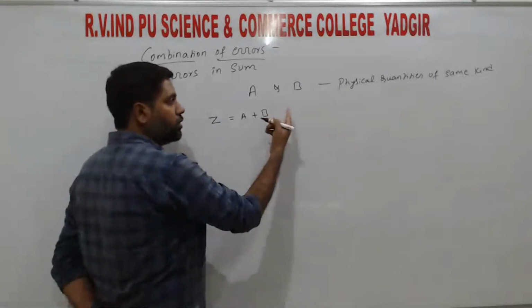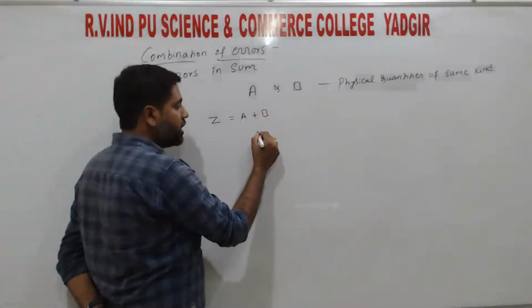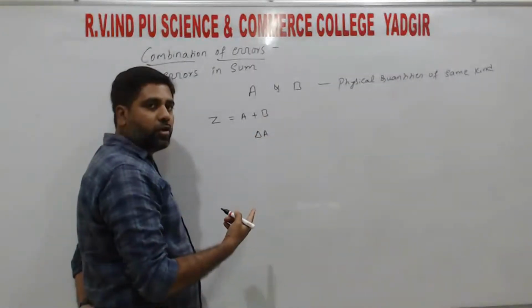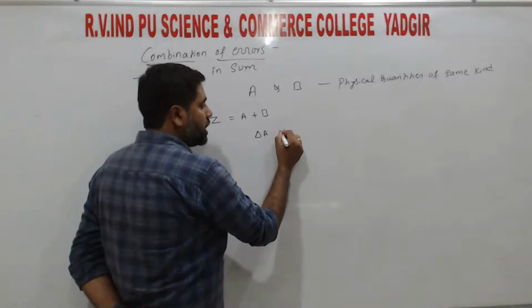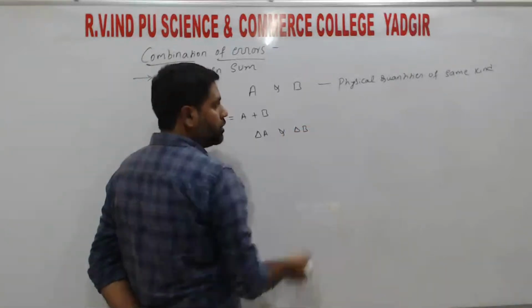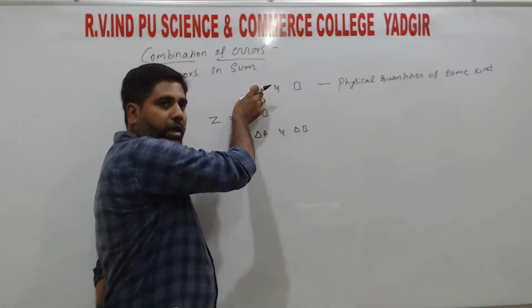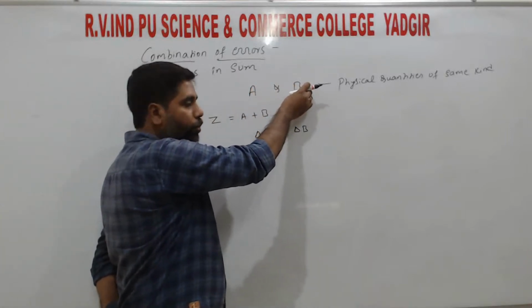Next, as we are studying errors, there is an error delta A. Delta indicates what? Absolute error, right? So delta A and delta B are the two errors which occurred in measuring A and measuring B, right?